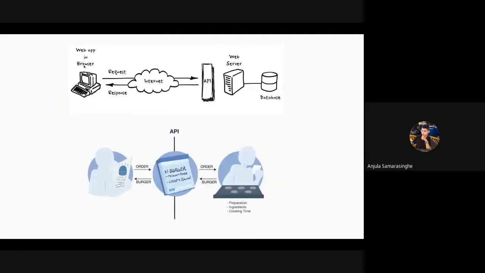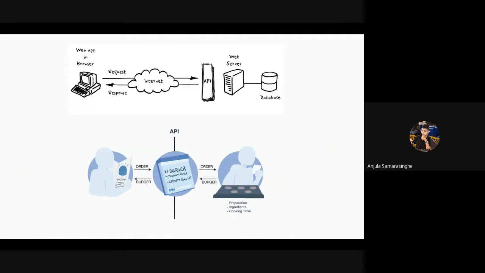So this is how an API works in a technical way. We request some data from the backend, and the API goes to the backend and says that I need this information, and once it gets the information, the API gives it back to the front end.